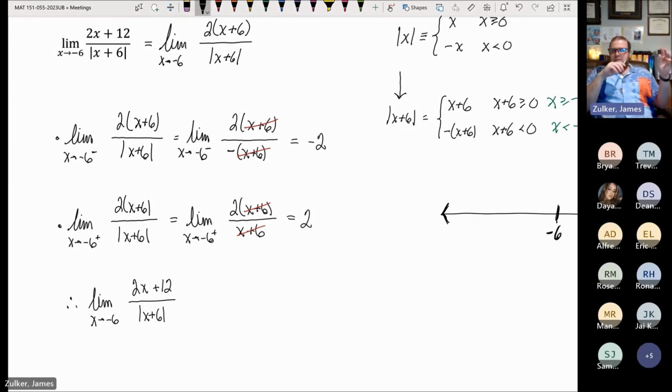Well, we're approaching -2 from the left, right? We're approaching +2 from the right. So the limit does not exist, right? They're not approaching the same thing.